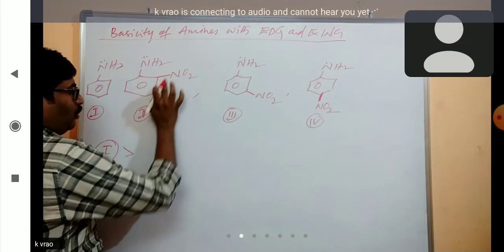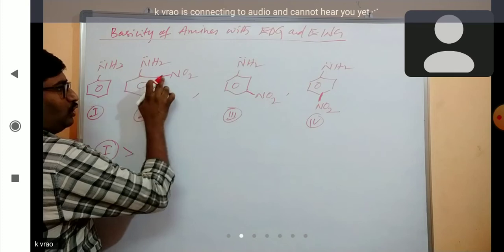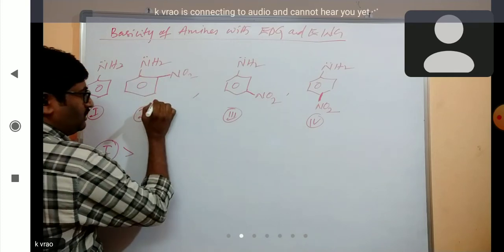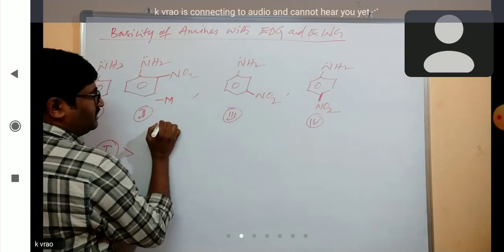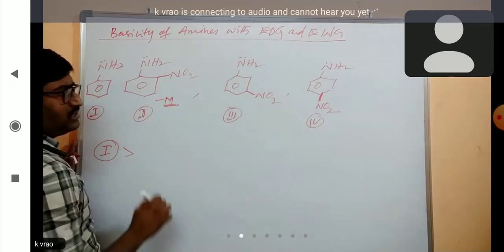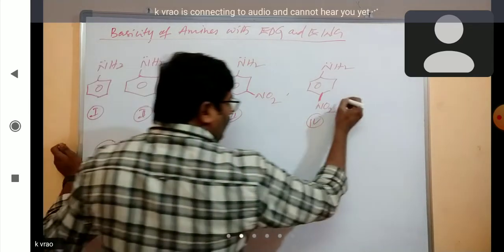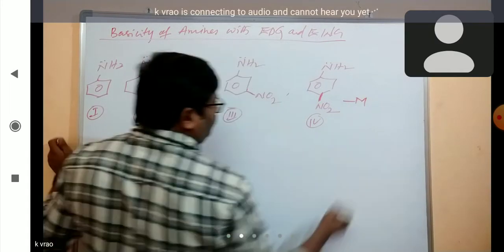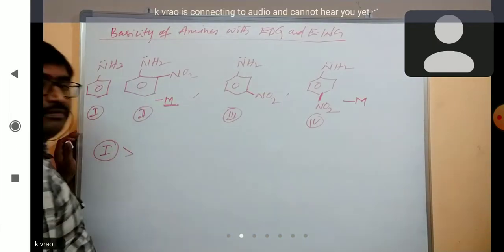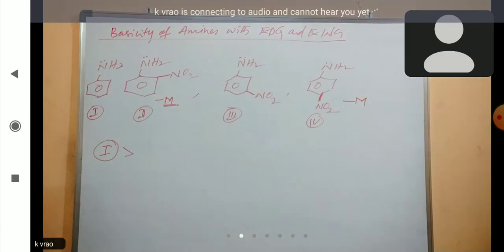When the electron withdrawing group is present on the ortho position, it is NO2 and it has a minus I and minus M effect. And here also minus M, nothing but a minus R, the negative mesomeric effect.